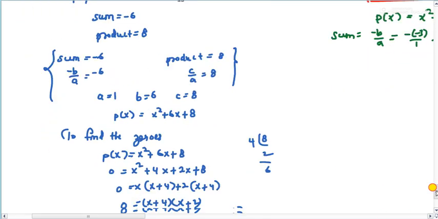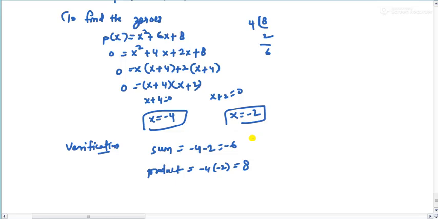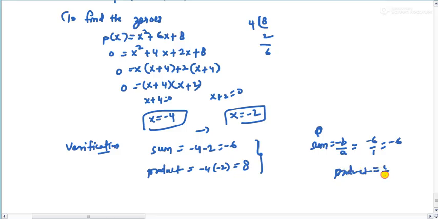From the data only we have got it, or you can write it separately from the coefficients. Sum is minus b by a, so again you will get minus 6 by 1, which is minus 6, and the product is c by a, so you will get 8 by 1, which is equal to 8. So these steps you can write, that's all. Understood? This is using coefficients.